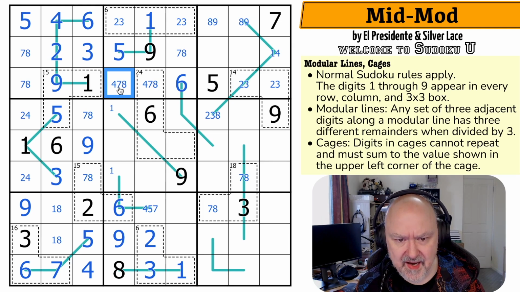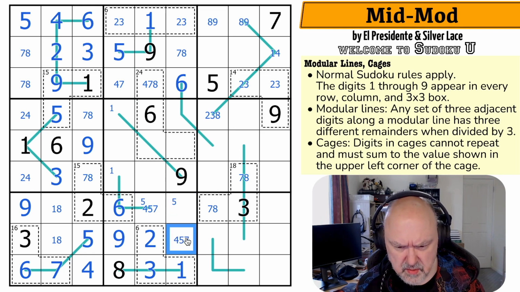And there's no 8 there. But this has to be from, that one's way less restricted. But these are all from 4, 5, 7, aren't they? So 5 is in one of those two. So that's a 4 or a 7.